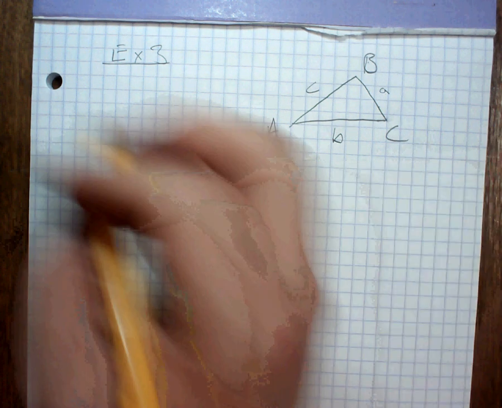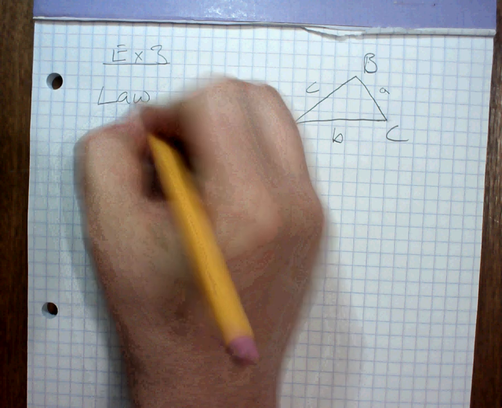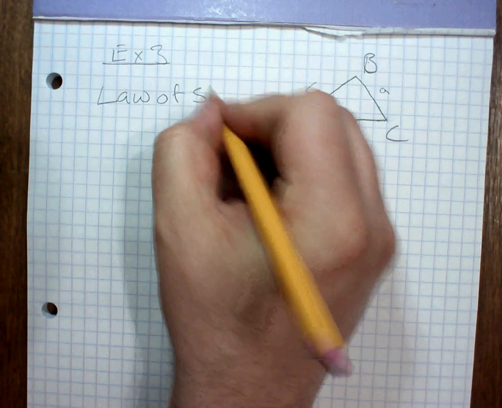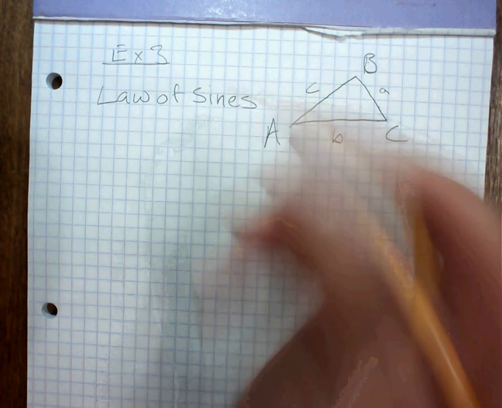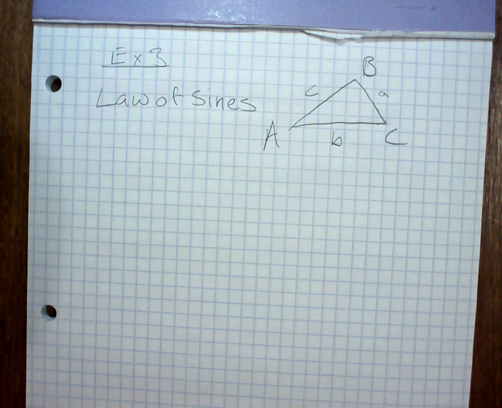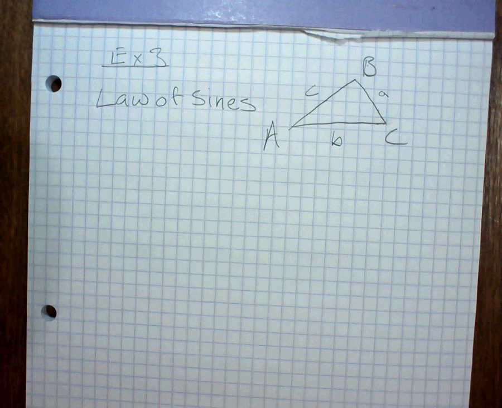And the actual law of sines, the last example that I did is not necessarily the law of sines, but it's an application of sine. This is the actual law of sine. So this is kind of a neat thing.